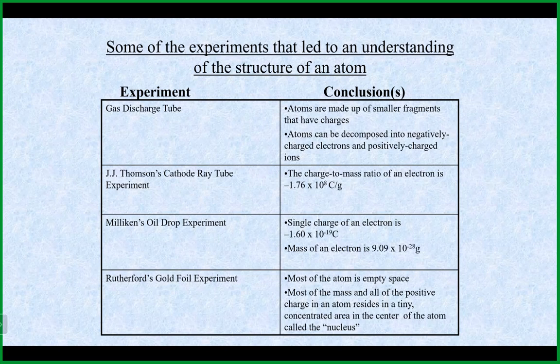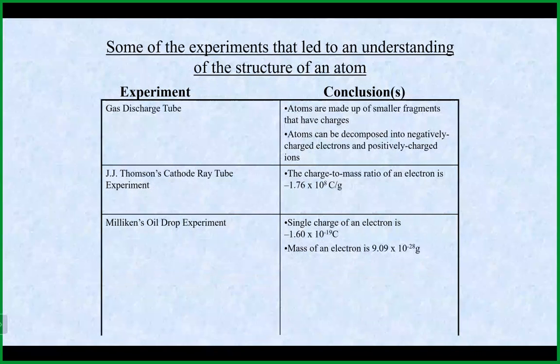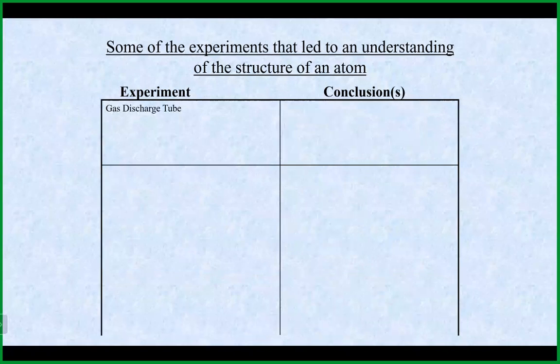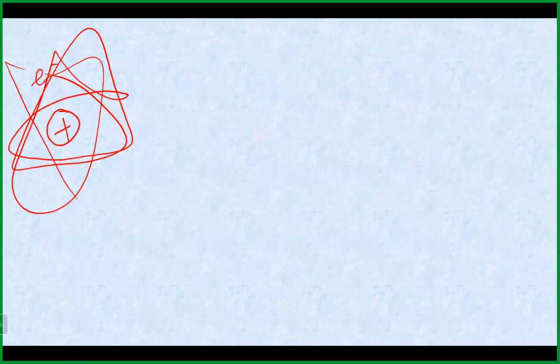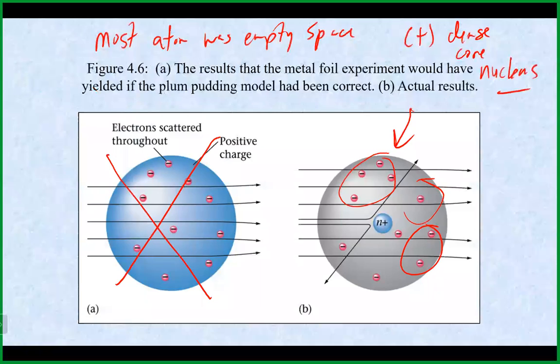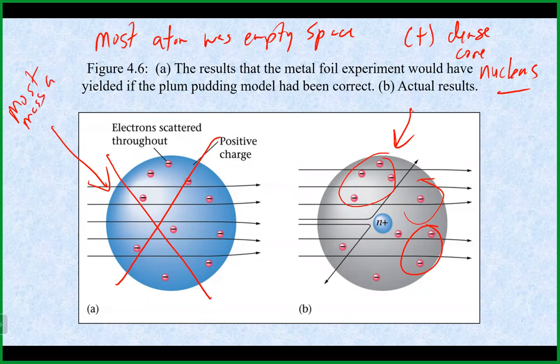And one other major difference between the Plum Pudding model and the current model is that in the Plum Pudding model, they felt that most of the mass of the atom was actually the electrons.